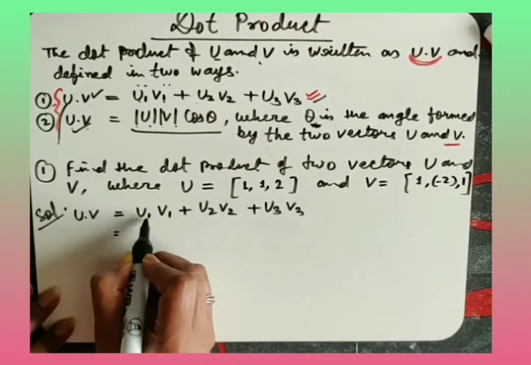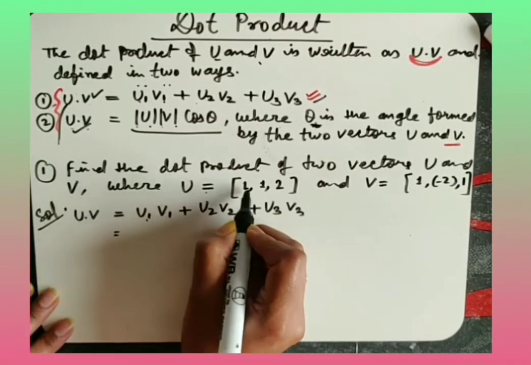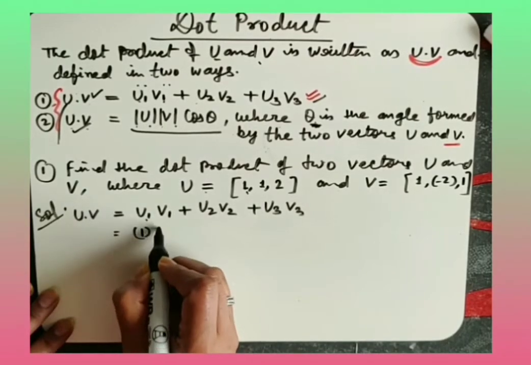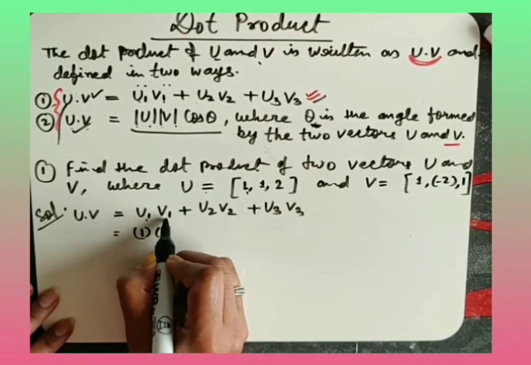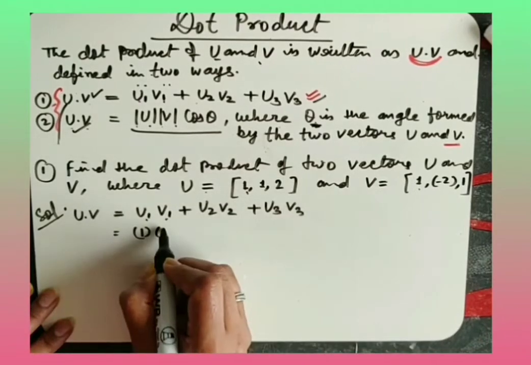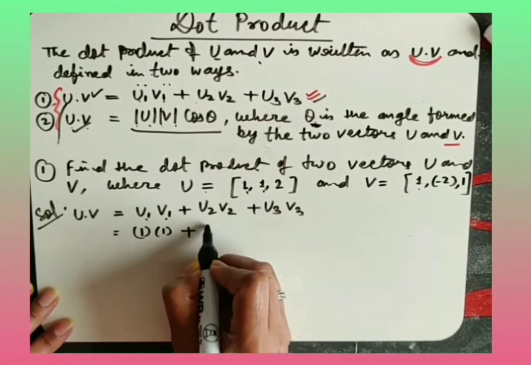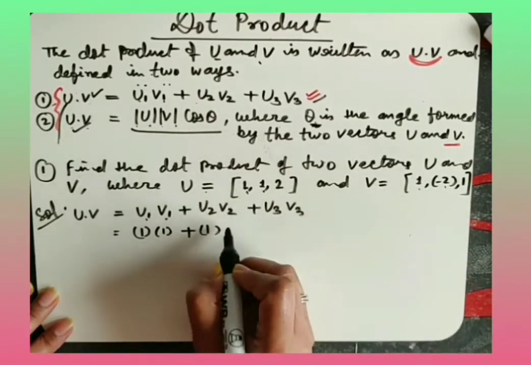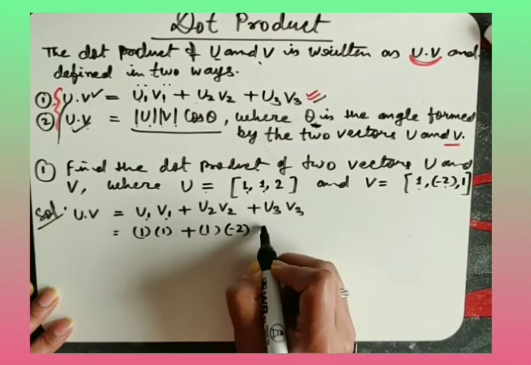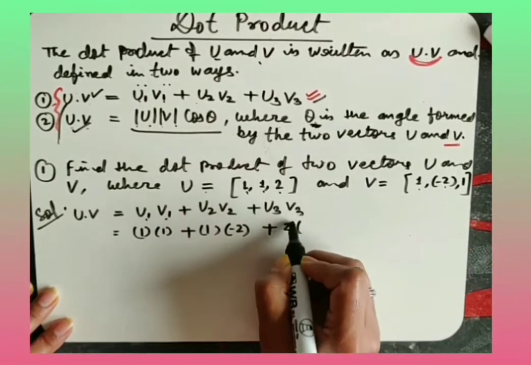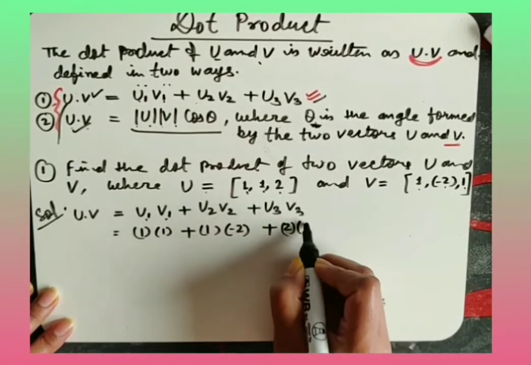The first component of u is 1, multiplied by the first component of v, which is 1, then plus the second component of u, which is 1, and the second component of v, which is minus 2, plus the third component of u, which is 2, and the third component of v, which is 1.